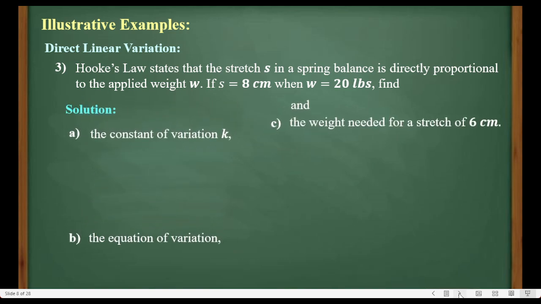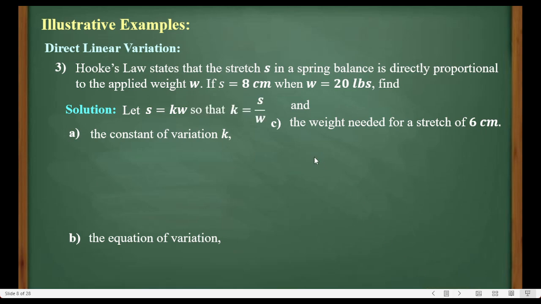Okay, so for our solution, again, we translate what is being stated here, which is stretch S in a spring balance is directly proportional to the applied weight W. So, by translation, using K, that is S is equal to KW. And from that equation, K is equal to what?